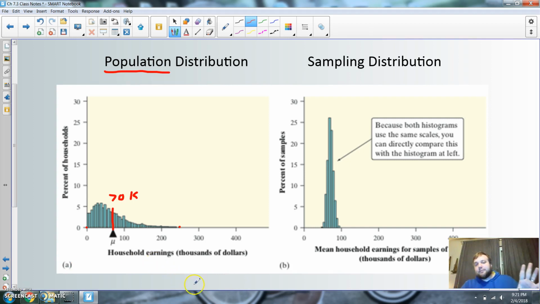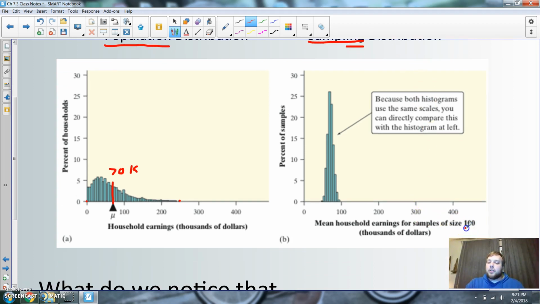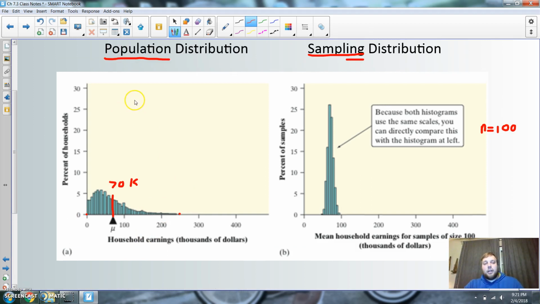That's everybody. Now over here, this is a sampling distribution, and notice down here, size 100. Basically, this means if I was to take 100 random people from this population, I have no idea how many people are in this population, but if I took 100 people and interviewed them about their household income, these are the different values I could get.